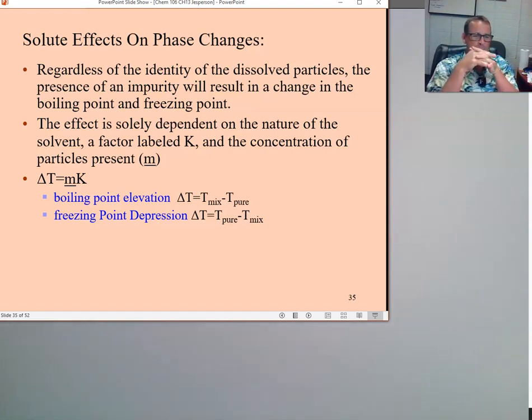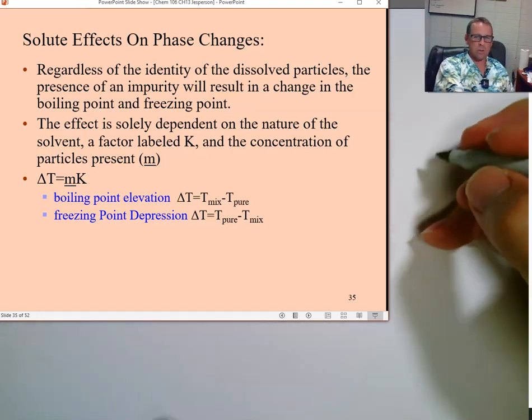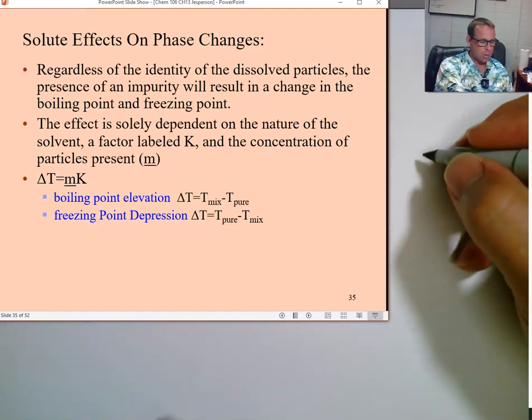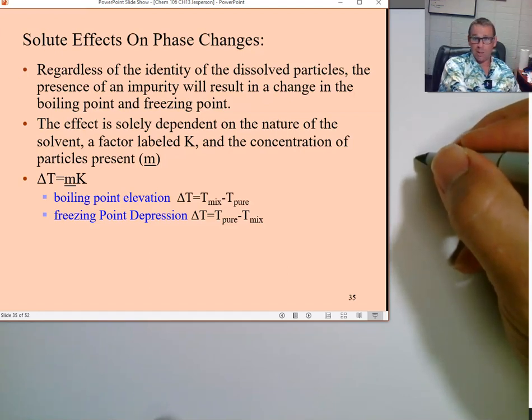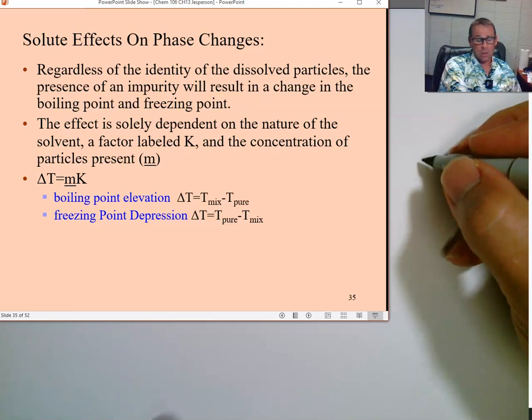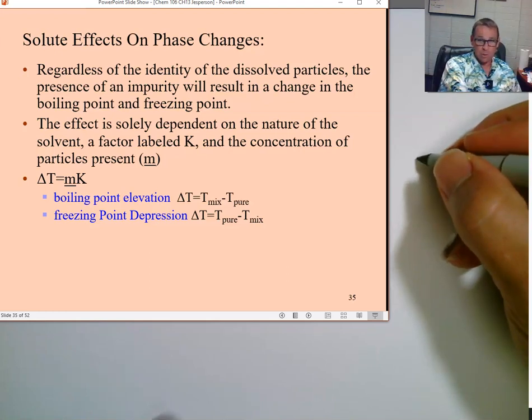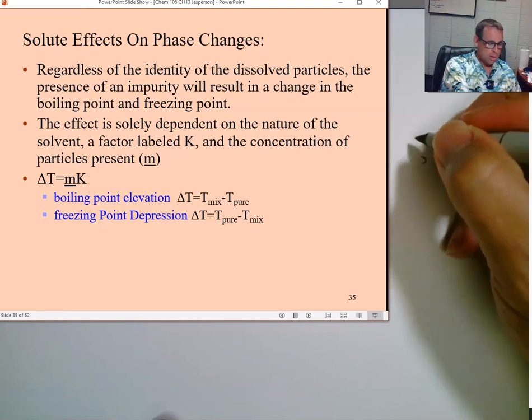if we put salt into water, which of these temperatures, if I have a solution of salt and water, would be a reasonable temperature for the solution to melt at?